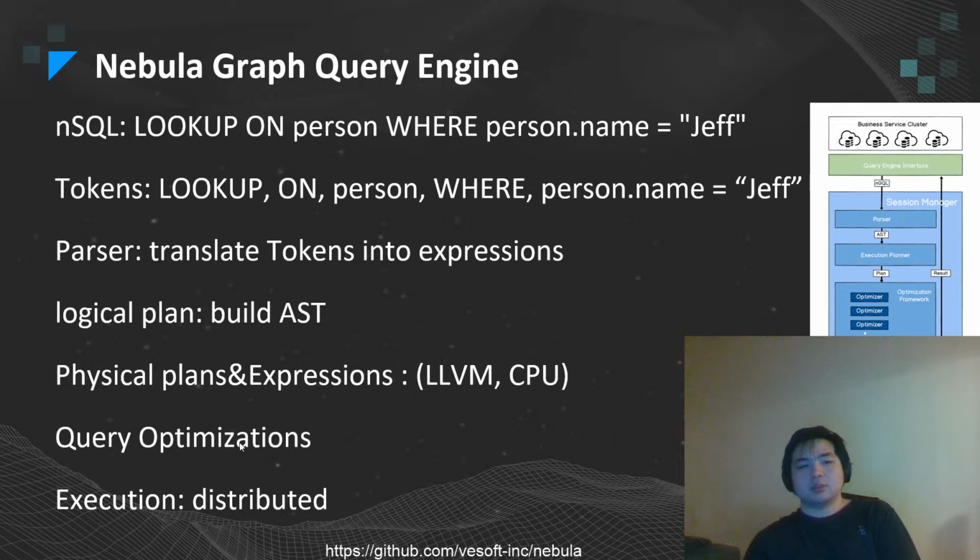So we also support a distributed query engine and distributed execution, which means you can run your queries in parallel and use Kubernetes and protocol buffers to communicate between different query engines, metadata services, and storage engines, which also makes it possible to do load balancing between different storage engines and their loads.